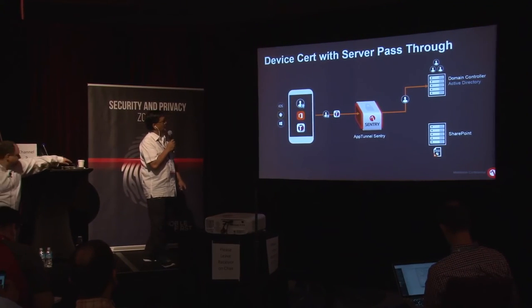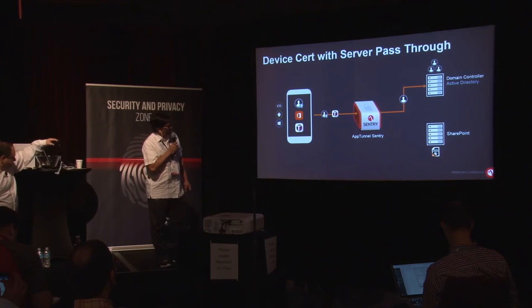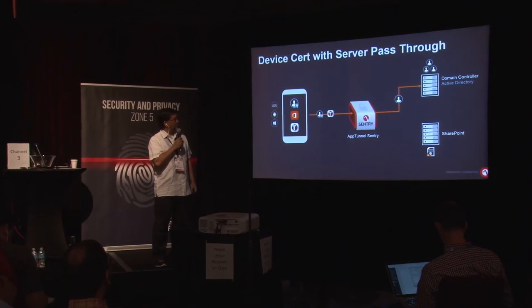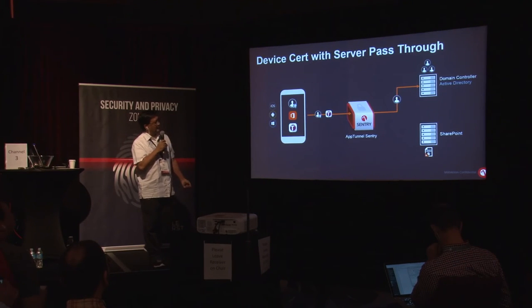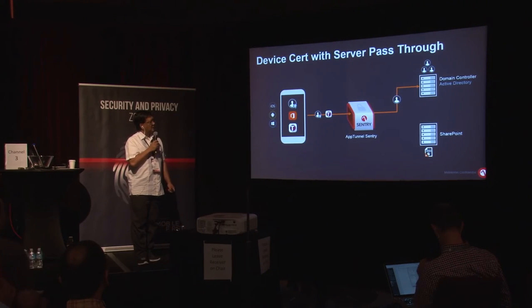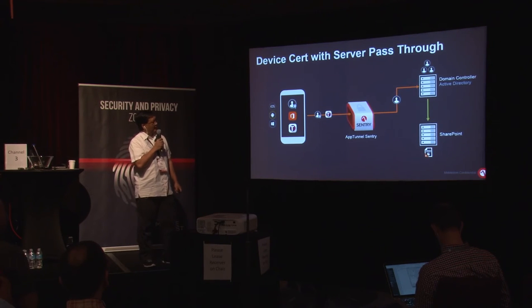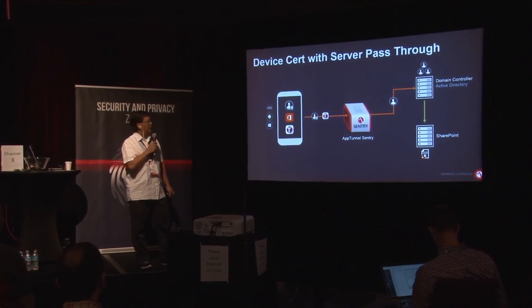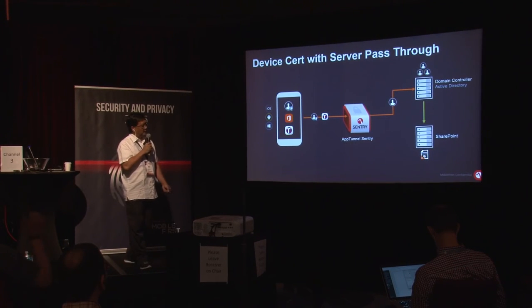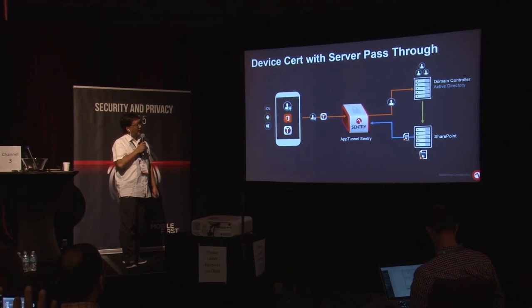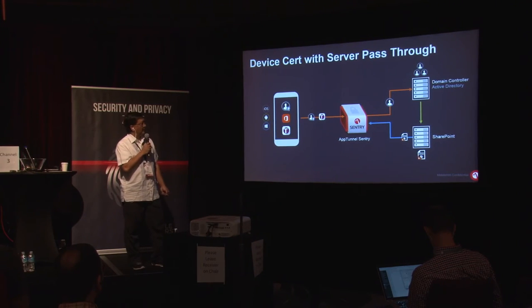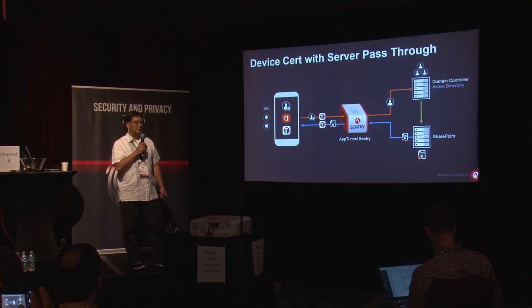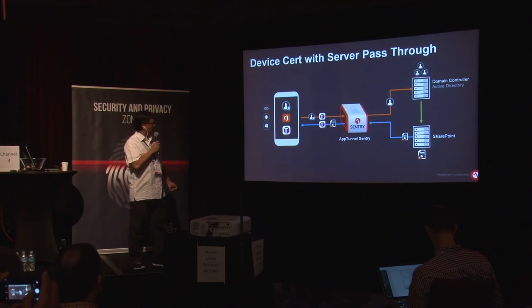And then the authentication part between the Sentry and an authentication service like Active Directory will take place. And the domain controller or the Active Directory would do an RPC session to the SharePoint resource. And then the SharePoint or whatever backend resource is going to forward the desired resource back to the mobile device.